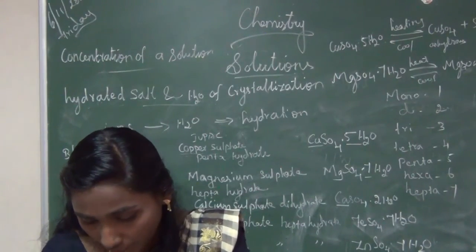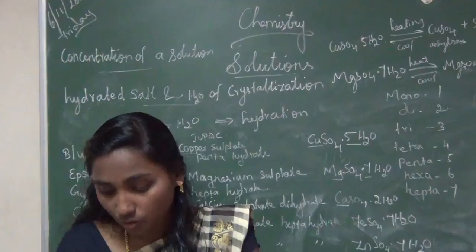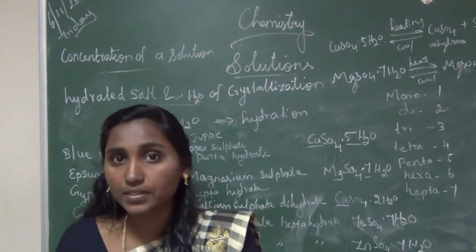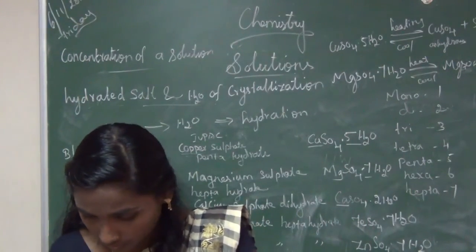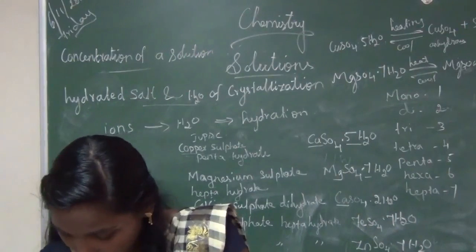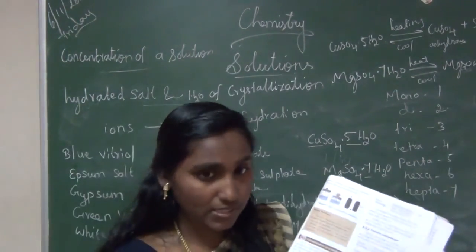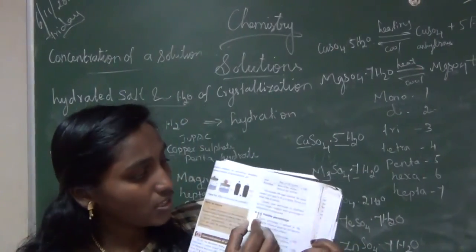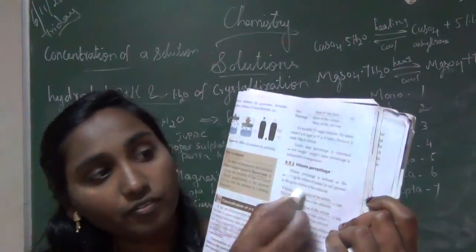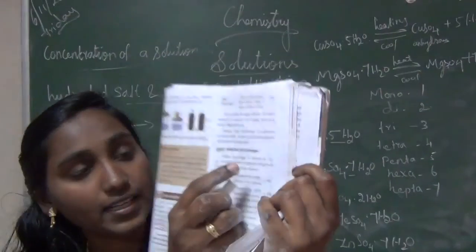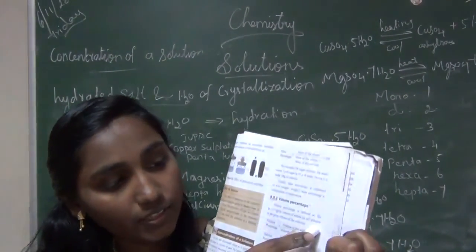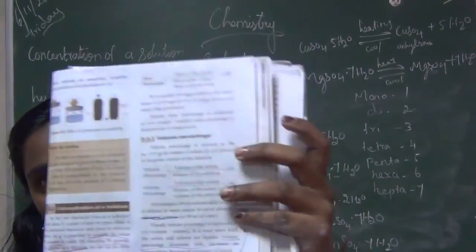Then Roman numeral 5, fifth question: define volume percentage. Answer is on page number 129. Start from here, the first paragraph. Volume percentage is defined, up to this equation, the first formula.